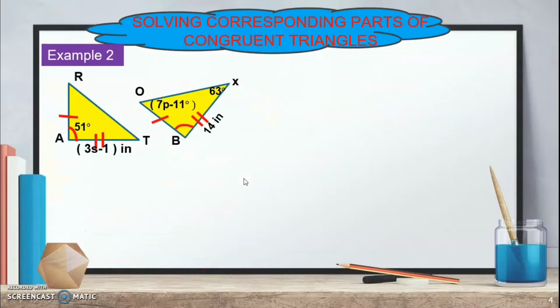Example number 2, we have triangle ART and triangle BOX. Side AR is congruent to side BO.